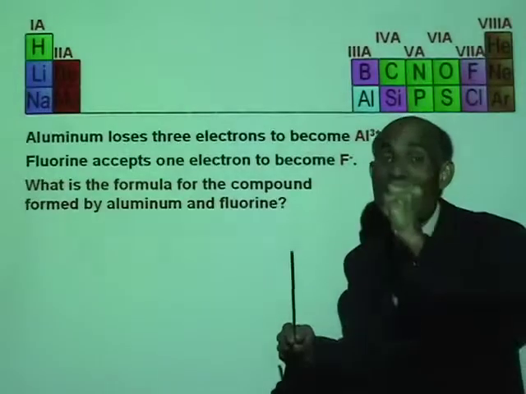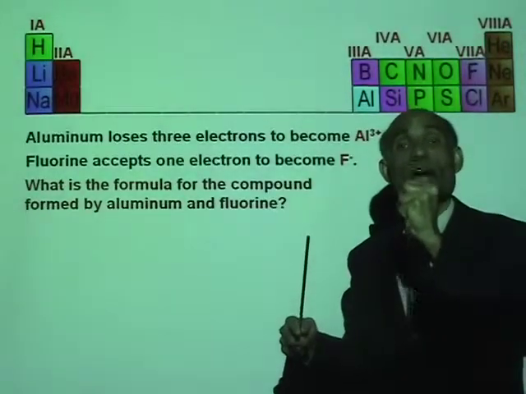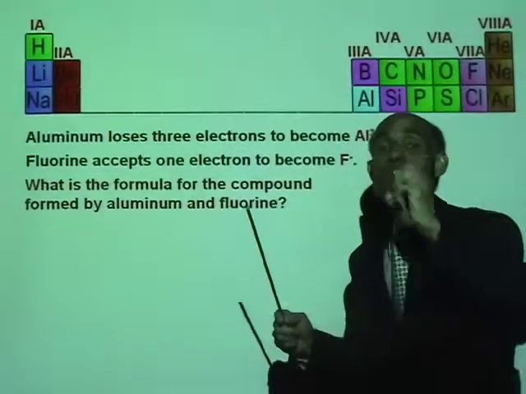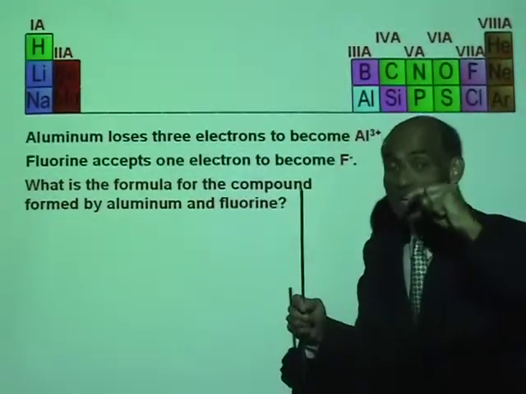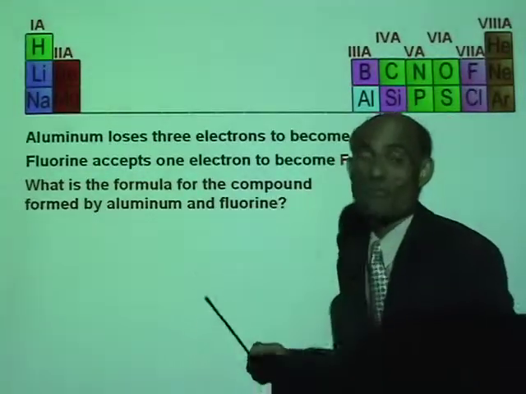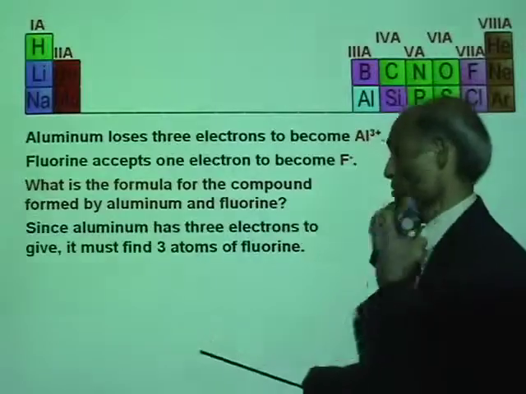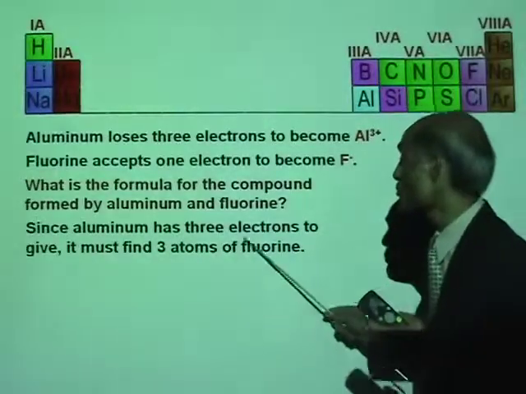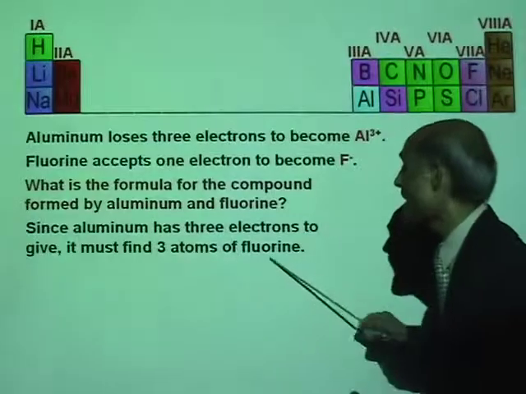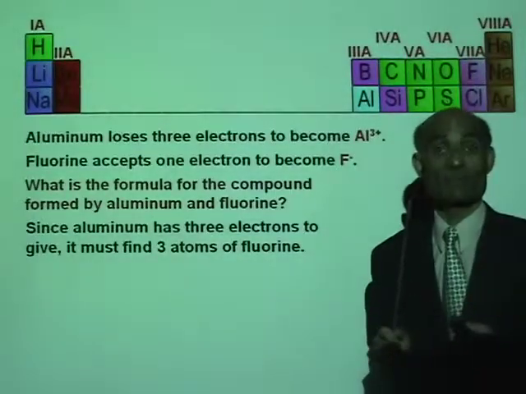That means 1 atom of aluminum has to find 3 atoms of fluorine, so that each of the 3 electrons it is going to give can be given to each of the fluorine atoms. So, since aluminum has 3 electrons to give, it must find 3 atoms of fluorine.